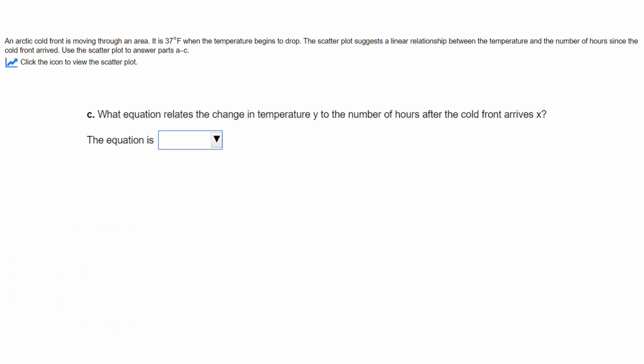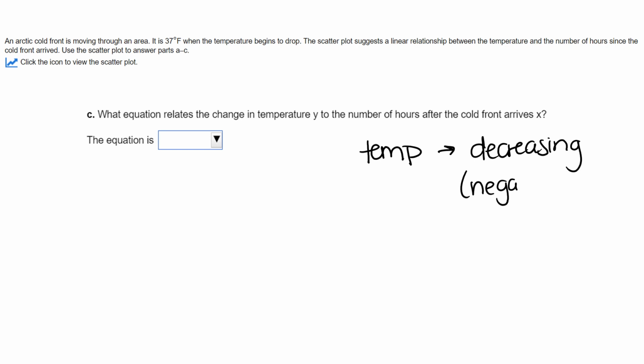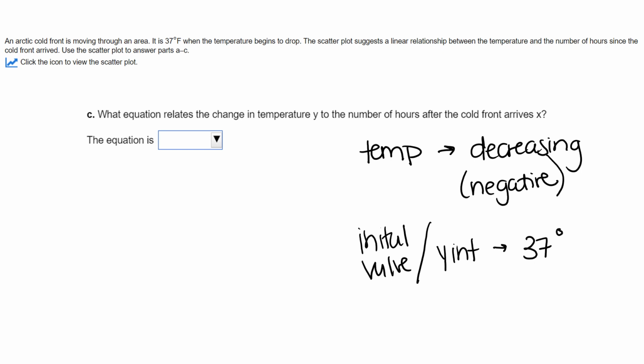For part C, it's the same equation, the same word problem, and the same graph. Again, you can solve the problem without clicking on the graph using the information that we know. We know that the temperature is decreasing, meaning our answer should be negative. We also know that the initial value, or sometimes called the y-intercept, is our starting point at 37 degrees.